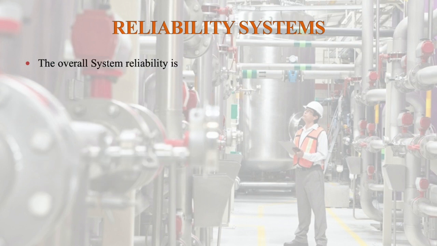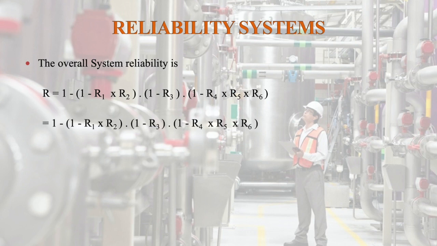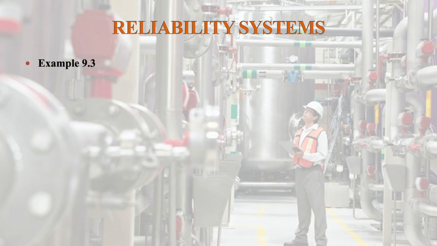The overall reliability is R is equal to 1 minus of (1 minus R1 into R2) into (1 minus R3) into (1 minus R4 into R5 into R6). In this way we have to find out the overall reliability of the combined system.